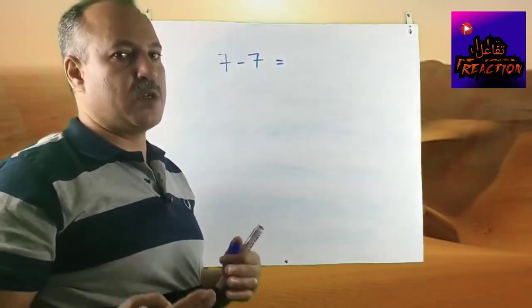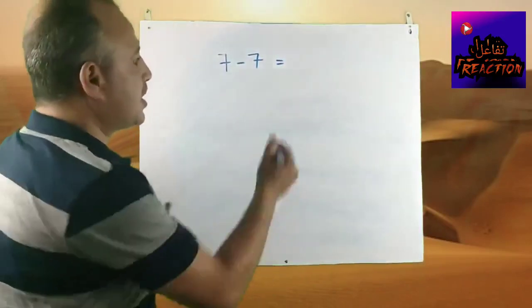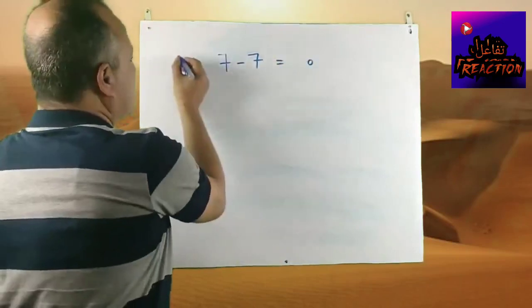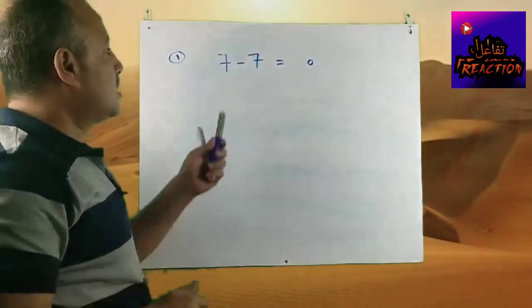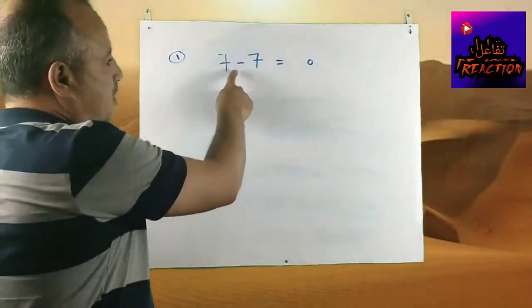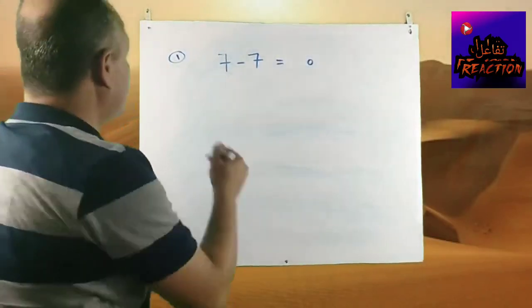Nothing. So we say 7 minus 7 equals 0. That is the first property of subtraction. Any number minus itself equals 0.